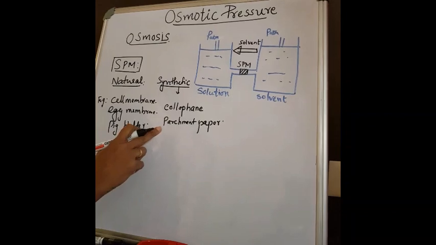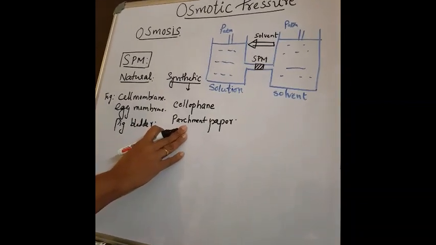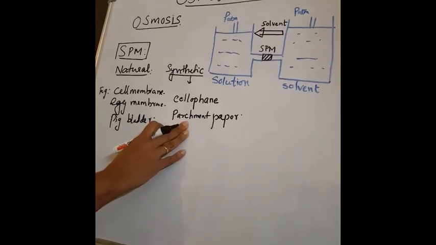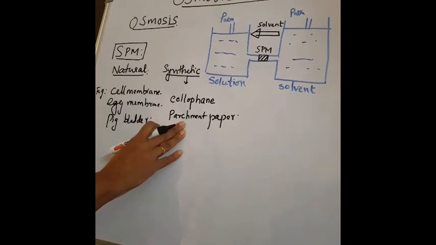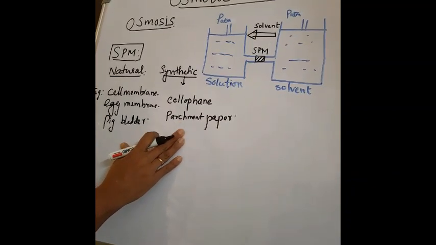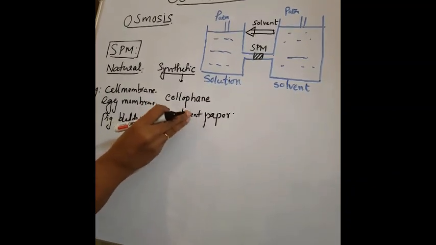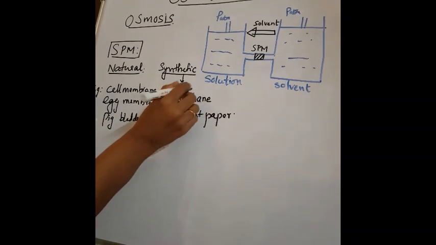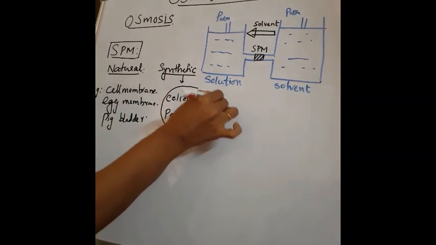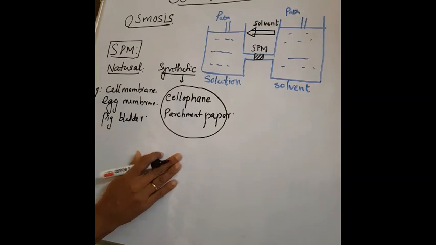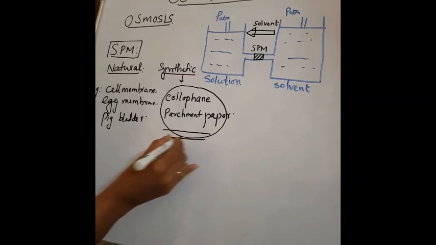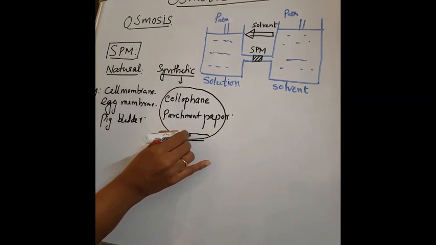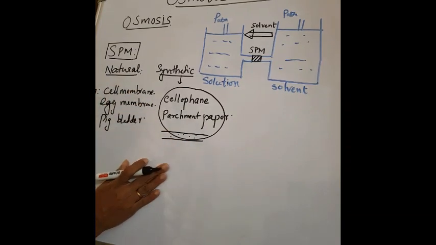Synthetic semi-permeable membranes are continuous sheets or films that contain small submicroscopic pores in them. That is how you prepare the synthetic semi-permeable membrane. They are long sheets or films which have a network of submicroscopic pores in them.